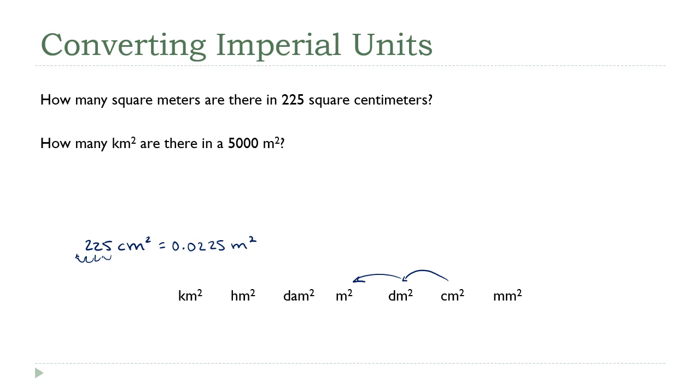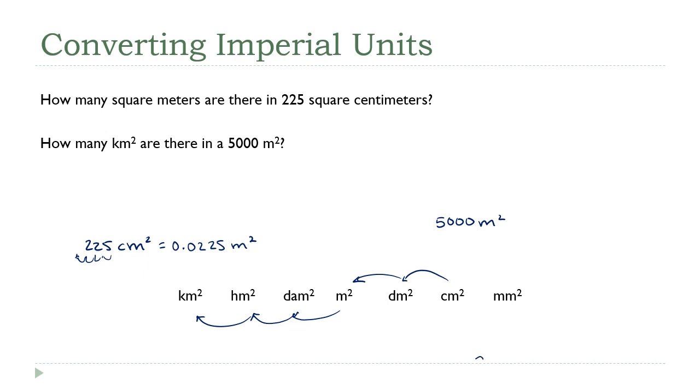Okay, how about this one? How many square kilometers are there in 5,000 square meters? I'm going to do the same thing. I'm going to do 5,000 square meters, and I'm looking down here. I want to go from square meters to square kilometers. That's 3 steps, which is going to mean moving 6 decimal places.